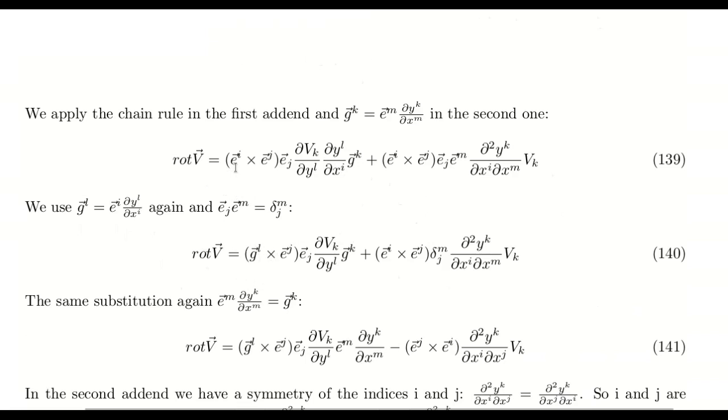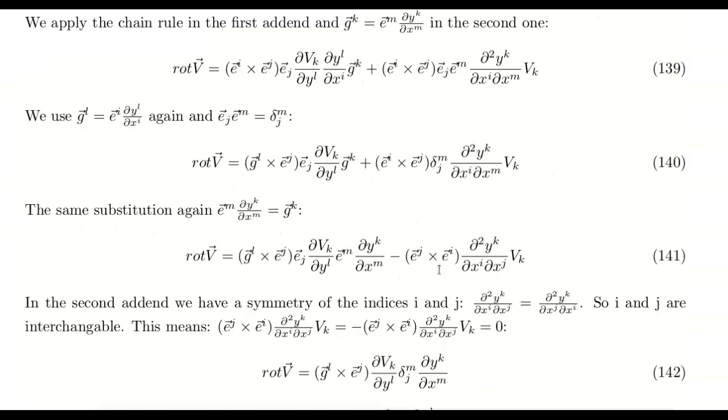In the second ident we have e vector and e vector, that is a Kronecker delta. Then we continue with the same formula again for the g vector. For gk, we substitute now e vector and the differential quotient of the coordinates here.